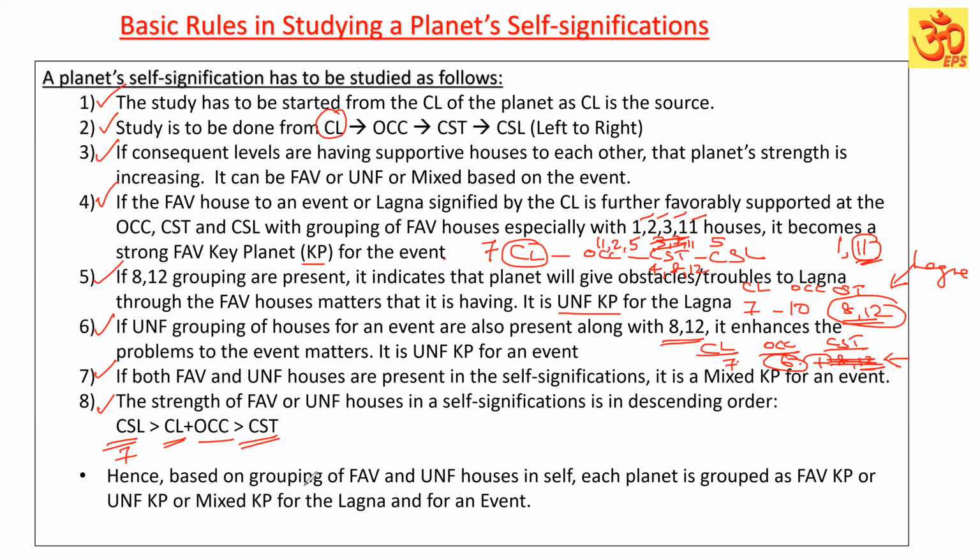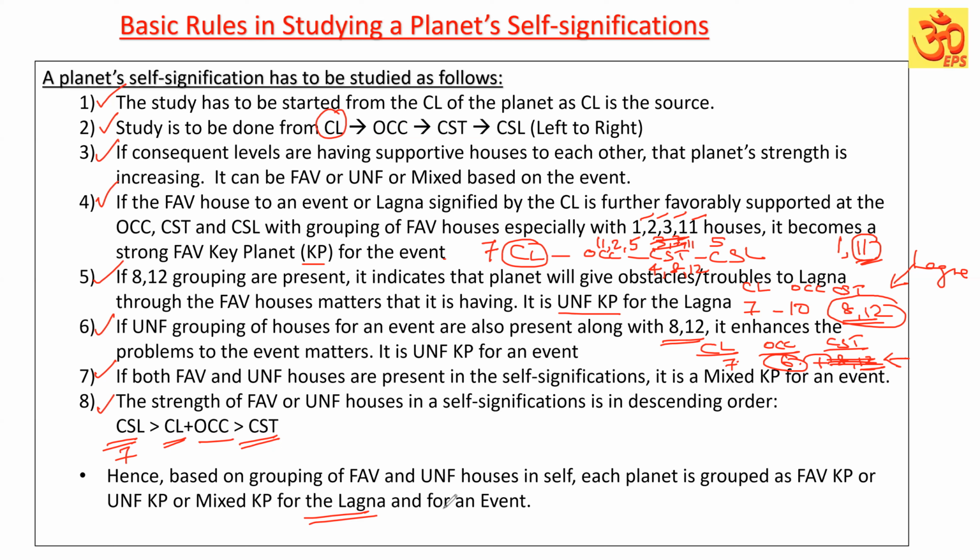Hence, based on the grouping of favorable and unfavorable houses in self, each planet is grouped as a favorable key planet, unfavorable key planet, or mixed key planet for the Lagna and for the event. Why I'm saying that: everything is going to be experienced by the Lagna only.